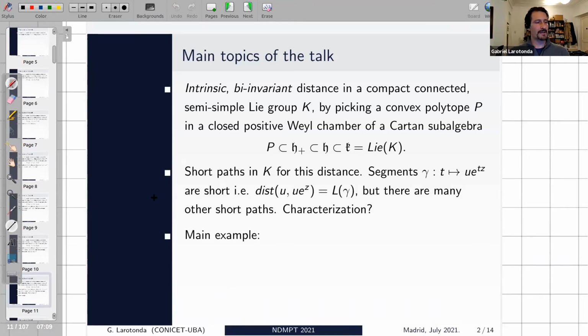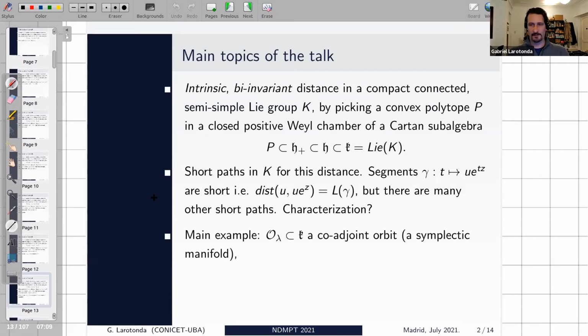And our main example for this construction or choice of polytope would be if you take a coadjoint orbit in the Lie algebra of K, which is, as everybody knows, the most famous symplectic manifold, or the most universal in some sense. You can take the polytope called Kirwan's polytope, which is obtained by intersecting the coadjoint orbit with some closed positive Weyl chamber of the Cartan algebra.